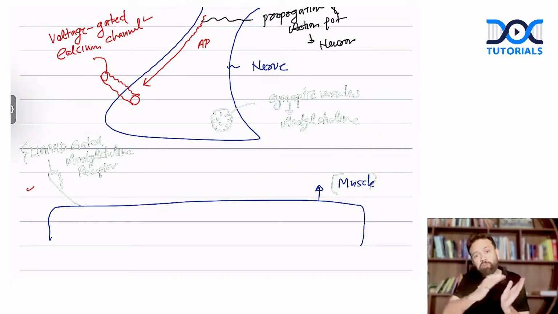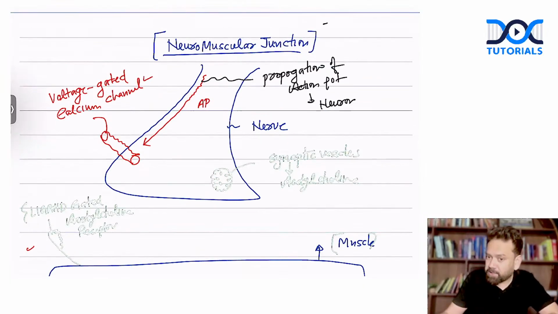Your purpose is to transmit it to the muscle. So how will the action potential from the neuron jump to the muscle? Nerve to nerve is propagation, muscle to muscle is propagation, but nerve to muscle is called transmission. Terminologies are very important in physiology. It is called nerve muscle transmission.